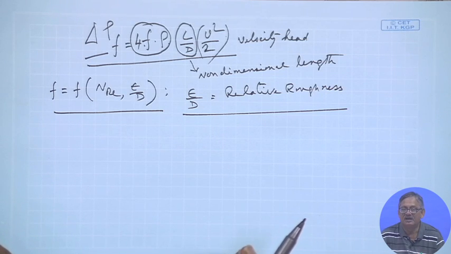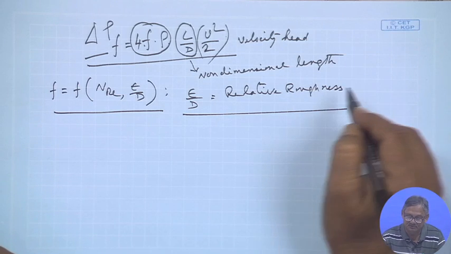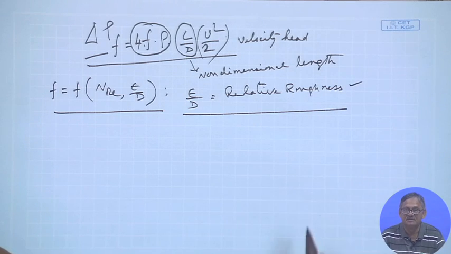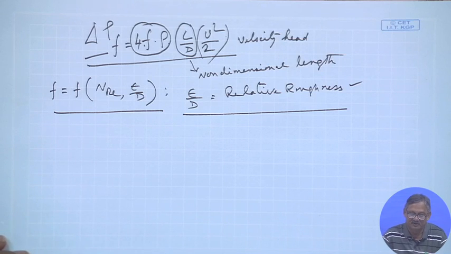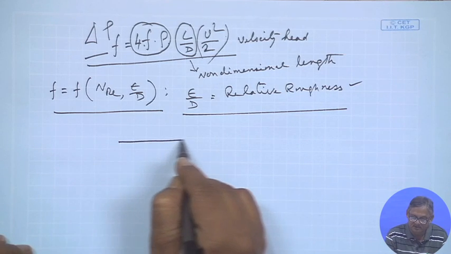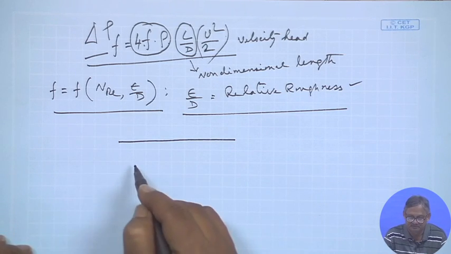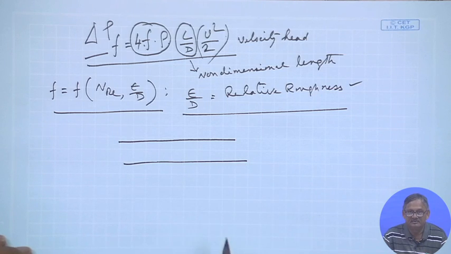Now, for that, what is relative roughness we should understand, and that also we should tell in a little detail, otherwise it will be difficult to understand, right. Now, this is a pipeline.